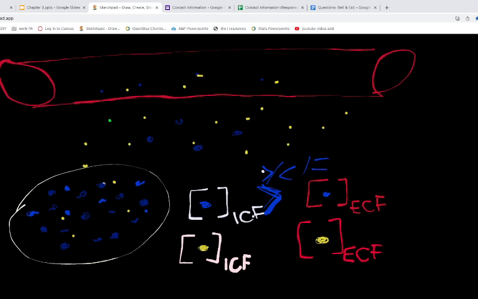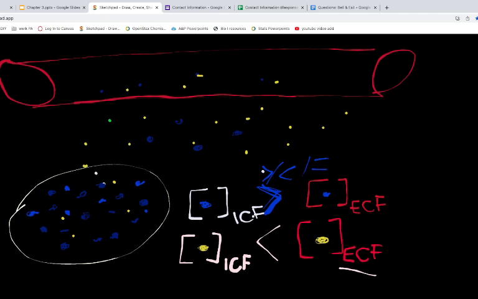On the inside of the cell, do you see a higher concentration of yellow, or on the outside of the cell? If you said on the outside of the cell, you would be correct. So the concentration is greater in the extracellular fluid for our yellow particle than the intracellular fluid. And why this is important will become clear to you guys soon.